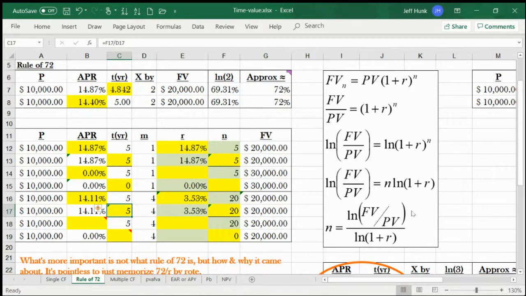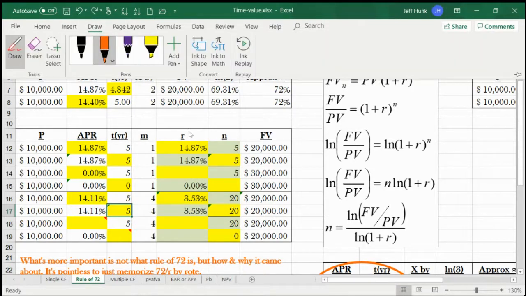If the investment is doubled, what does that mean? The ratio between future value and present value is 2. Isn't that right?